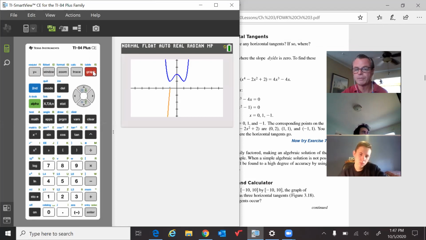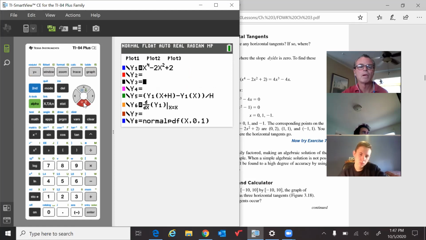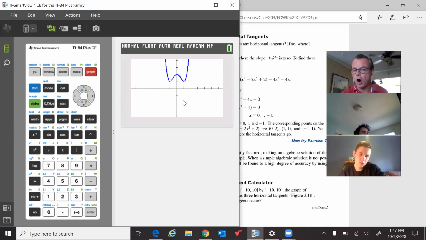There's the graph. And what did our work tell us? Our work told us that we had a horizontal tangent at -1, a horizontal tangent at 0, and a horizontal tangent at +1, which you can see.